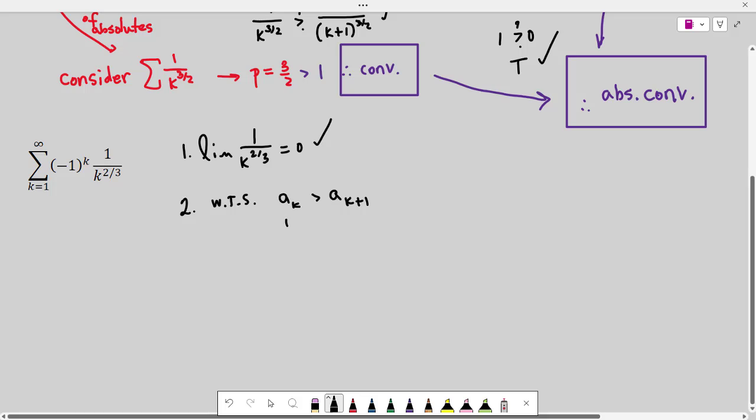But we have to do the math. We have to show that it's true, if you want full credit, at least. So we've got that. First step is the cross multiplication step.